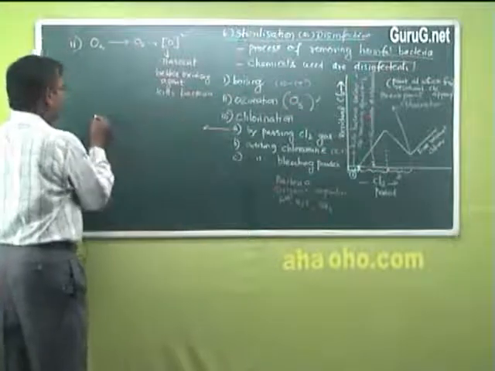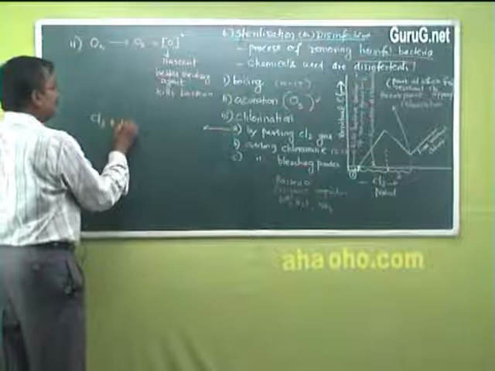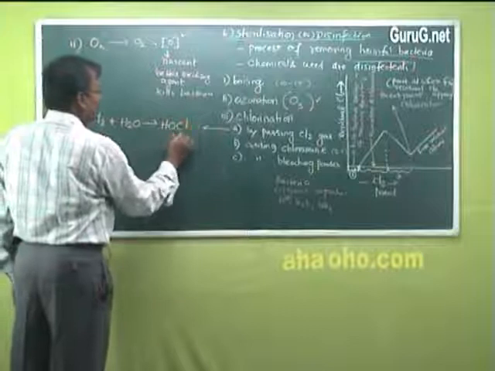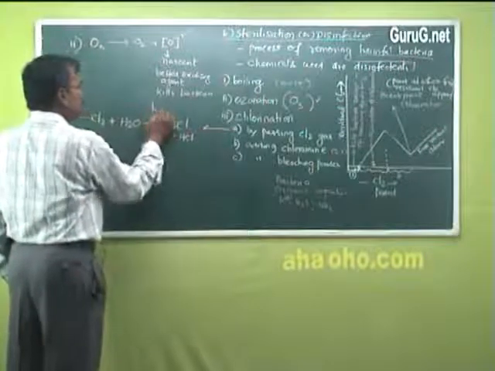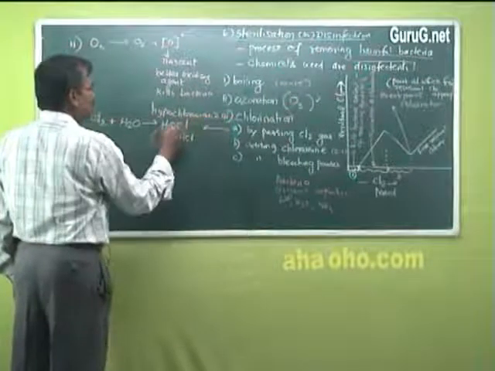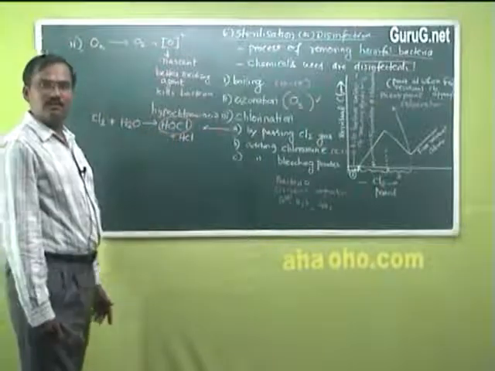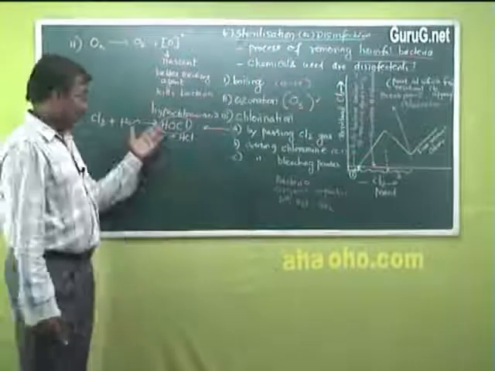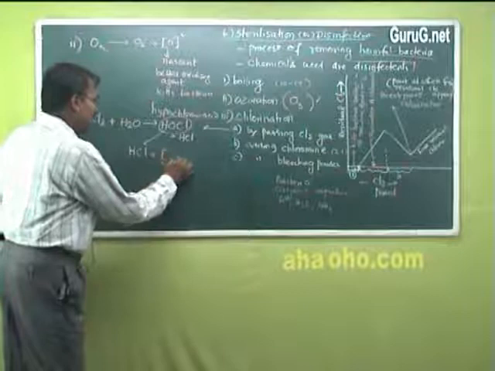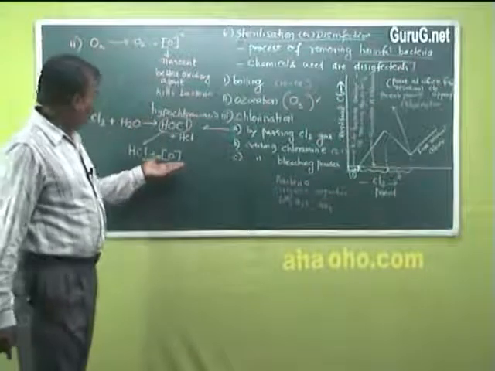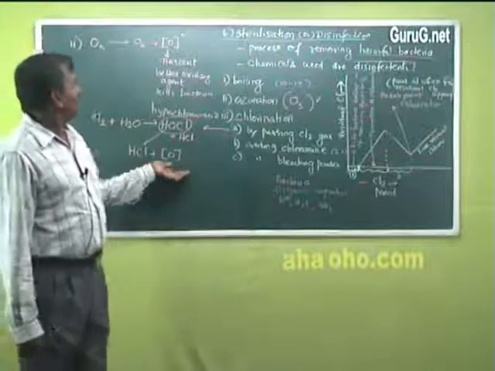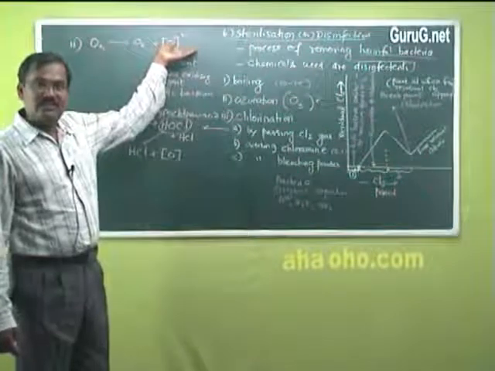Chlorine reacts with water, forming HOCl plus HCl. This HOCl is nothing but hypochlorous acid. This hypochlorous acid is responsible for killing the bacteria. When hypochlorous acid decomposes, it gives HCl plus nascent oxygen. Again the role of chlorine is to produce nascent oxygen, as we got nascent oxygen in the case of ozone.